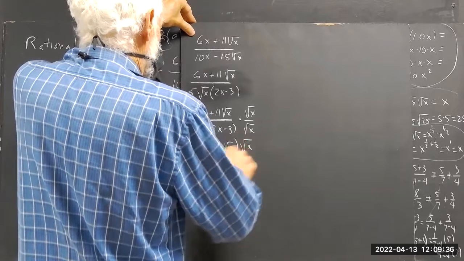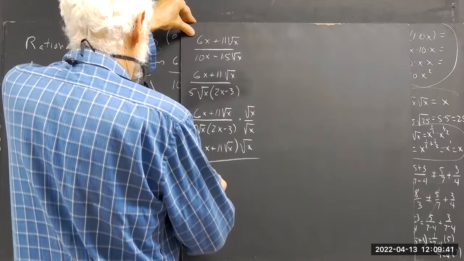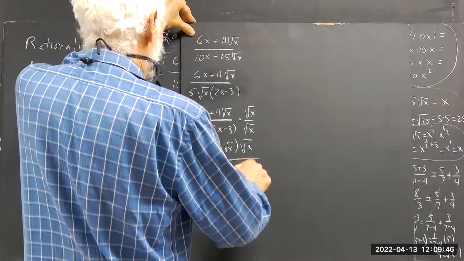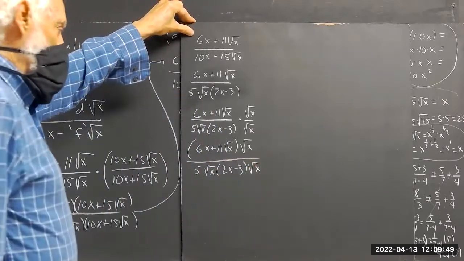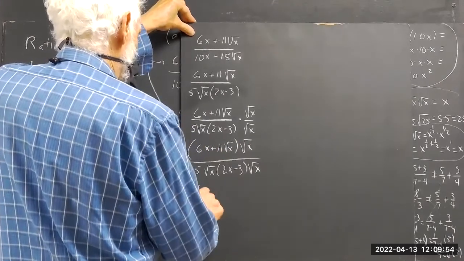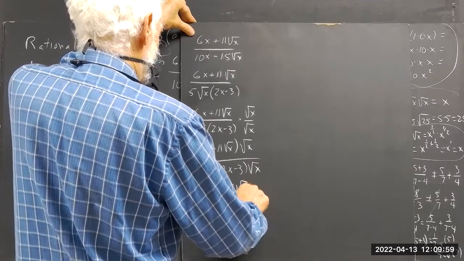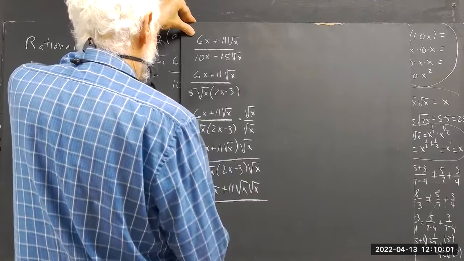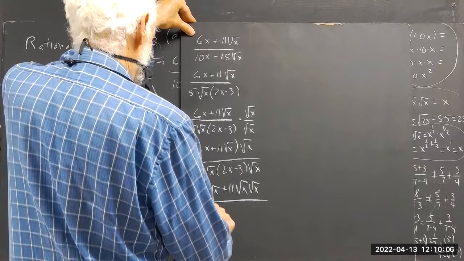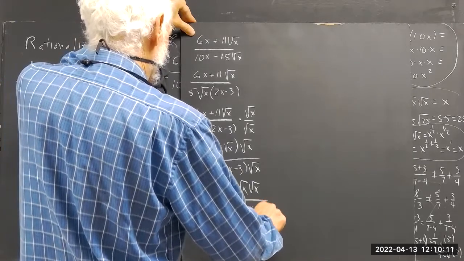That's what we're trying to accomplish here, which is understanding in detail what's going on. It's going to be like this. Now up here, I'm going to multiply 6x times the square root of x, divided by 5 square root of x times square root of x times (2x - 3).